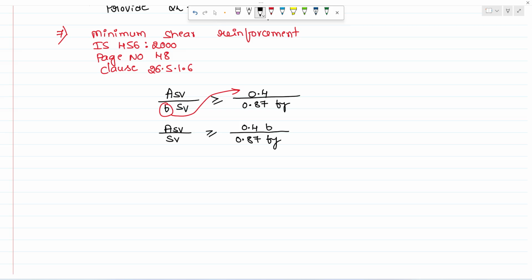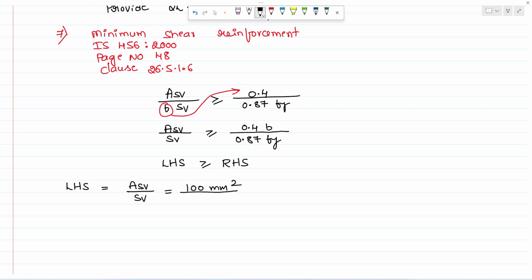So this is my left hand side. It should be greater than right hand side. First I will calculate left hand side. So left hand side is ASV divided by SV. What is the ASV? I used 100 mm square because I provided two-legged 8 mm dia stirrups.